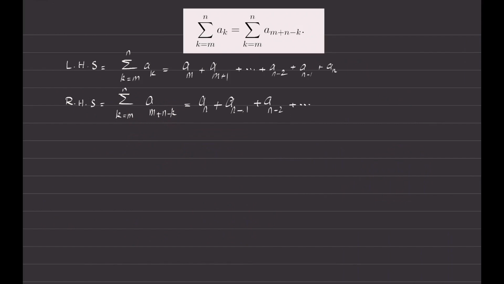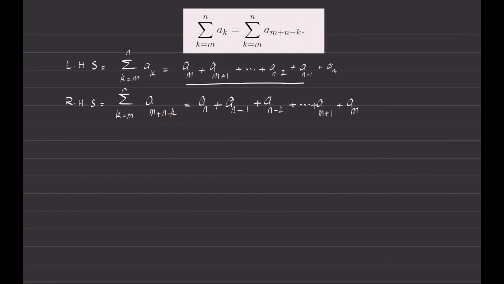And if I continue this list, for example, when I reach k equal to n minus 1, it gives me a sub m plus 1, and finally it will give me a sub m when I replace k with n. So now you see that of course these two sums are the same.